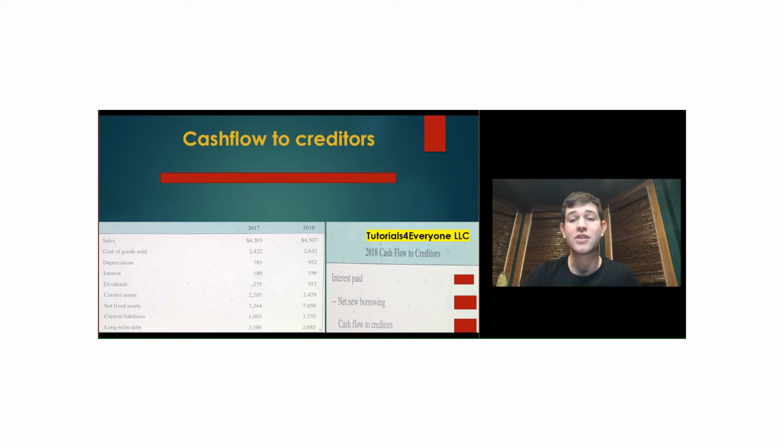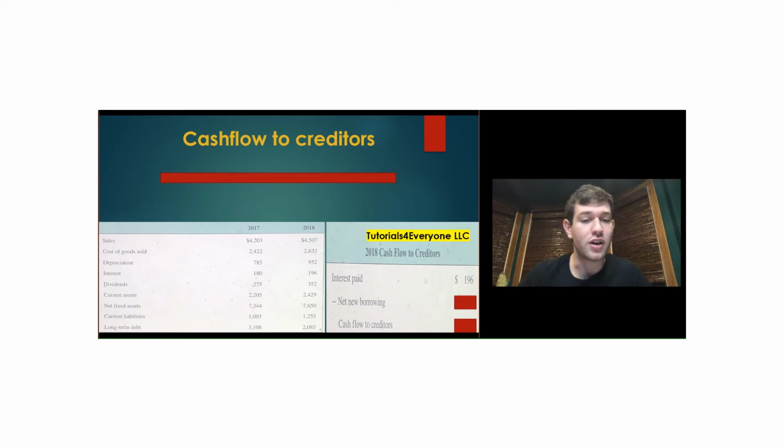Now, cash flow to creditors. In order to calculate cash flow to creditors, you need two things: interest paid and net new borrowing. In our table, we see that 2018, the interest was $196. To calculate net new borrowing, you have to compare the debt. How much more did we borrow, or how much less than we borrowed? That's the difference.